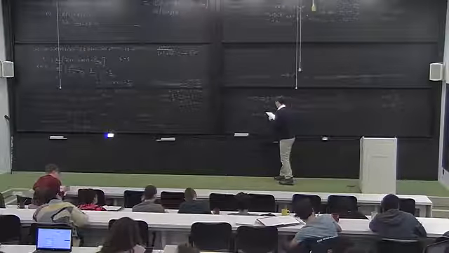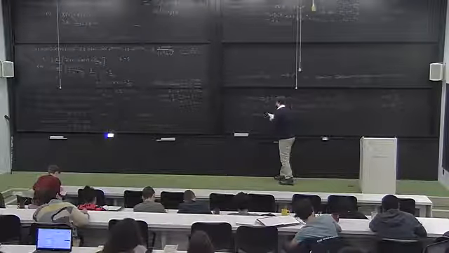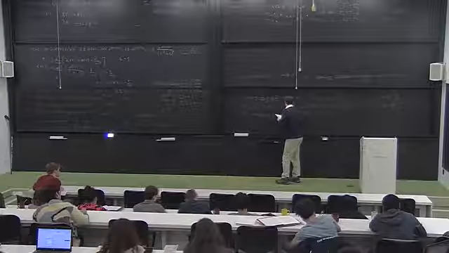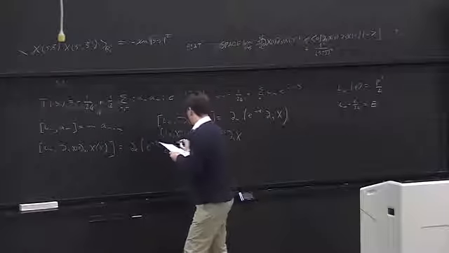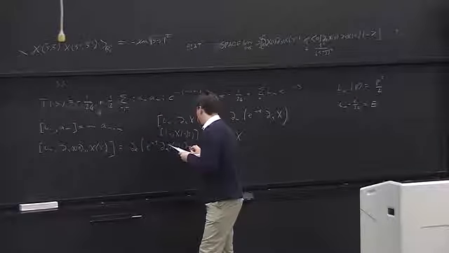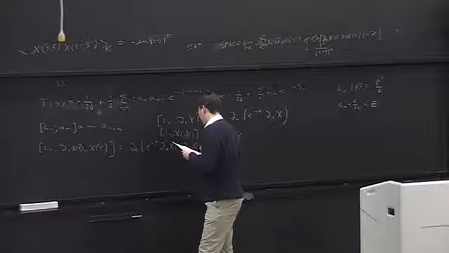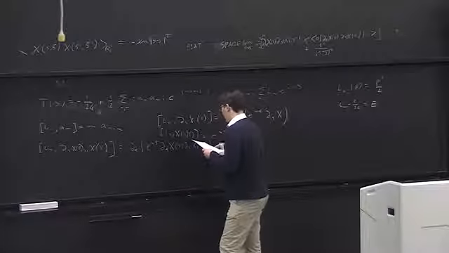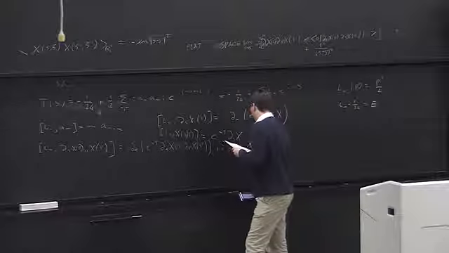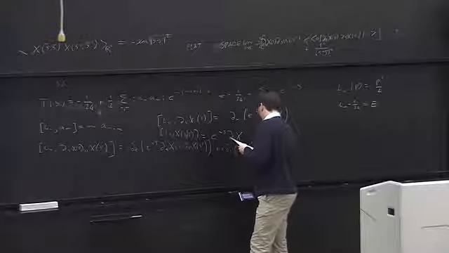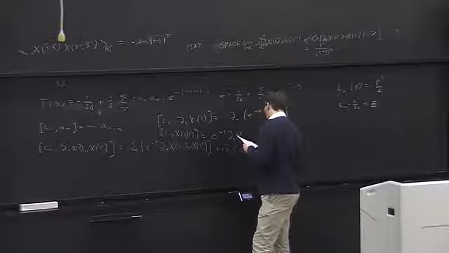So you get i ds e to the n s ds x s prime x of s prime plus i ds prime e to the n s prime ds x d s prime x of s prime.